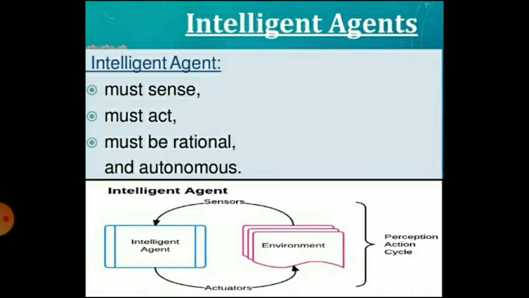Now, what are the requirements of an intelligent agent? An intelligent agent must sense, must act, and must be rational and autonomous. Rational means it must take the right decisions, and autonomous means it will independently take decisions.